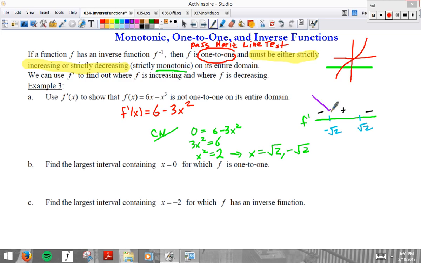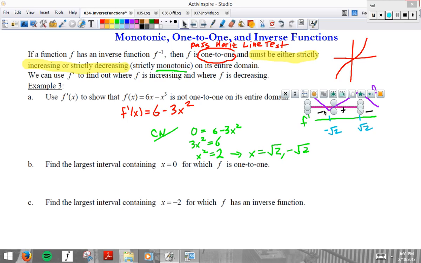Then f was increasing until we got to positive root 2. Then f decreased again. So again, that's f. Now, taking our horizontal line from before, does this guy have a chance of being one-to-one?